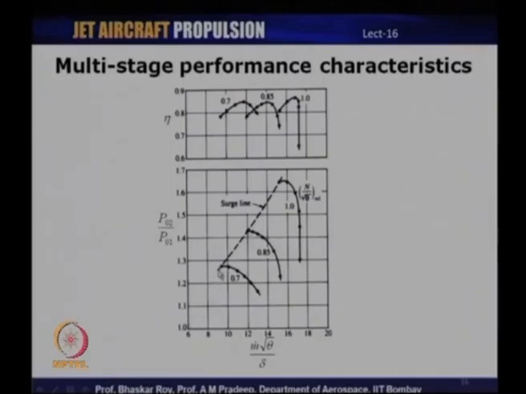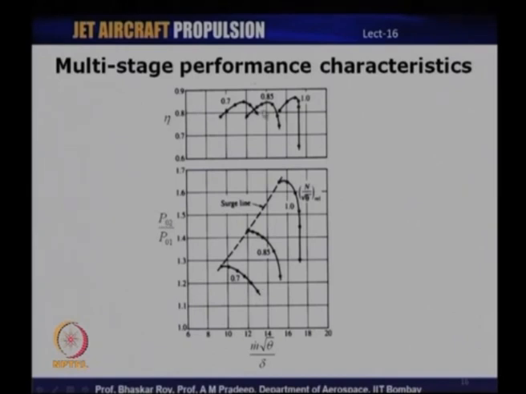Stable compressor operation is possible only towards the right hand side of this line. So, the surge line dictates one of the limits of compressor operation, and this performance characteristic shows how the pressure ratio varies as we change the mass flow.